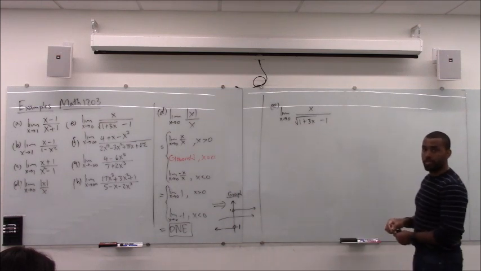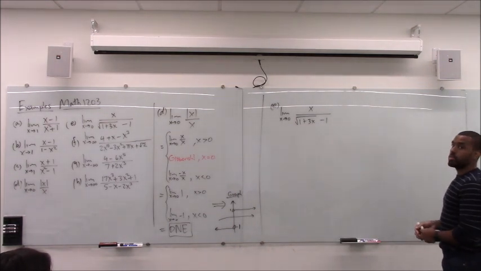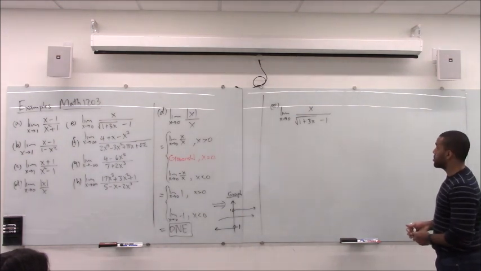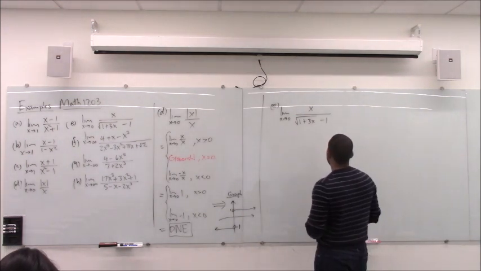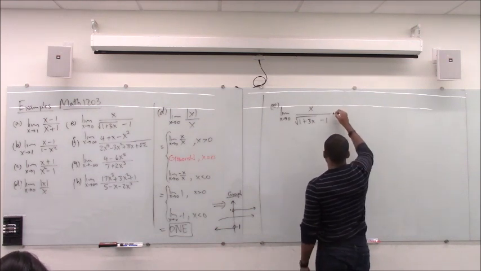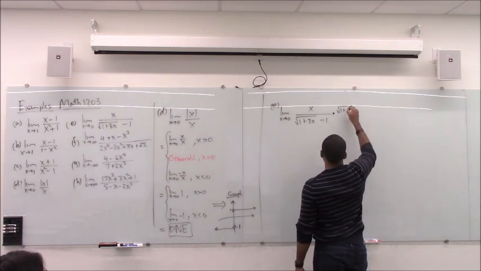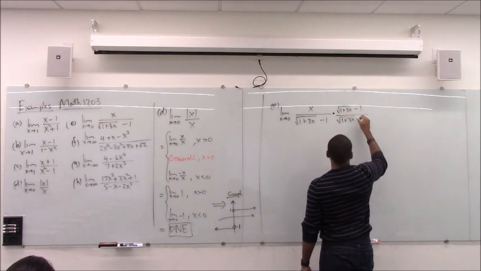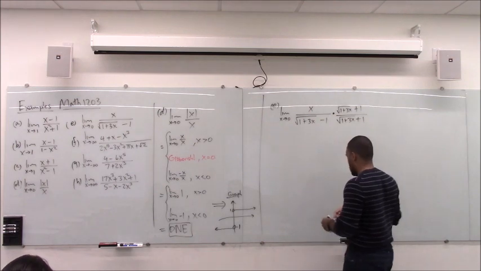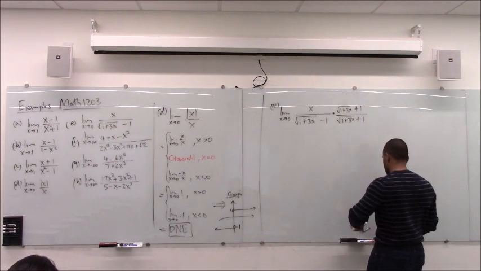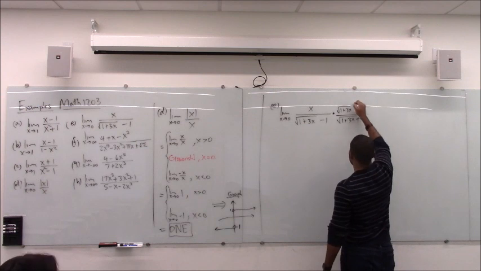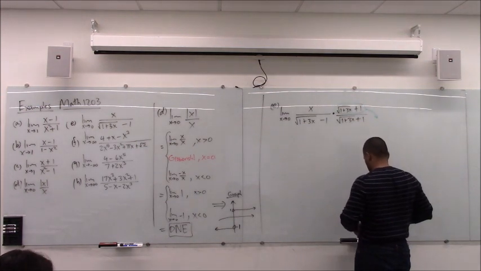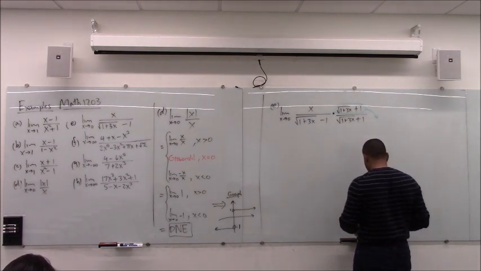What do we do here? You want to get rid of the square root, so you multiply the top and the bottom by the square root of 1 plus 3x plus 1. That is called rationalizing. What's the name of that thing?